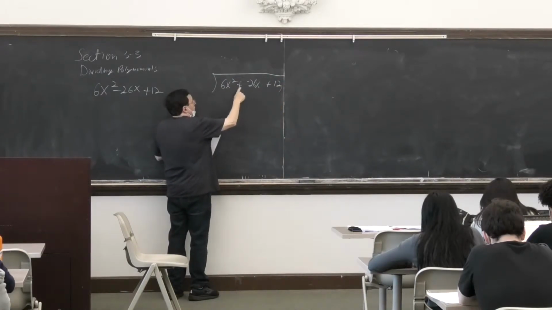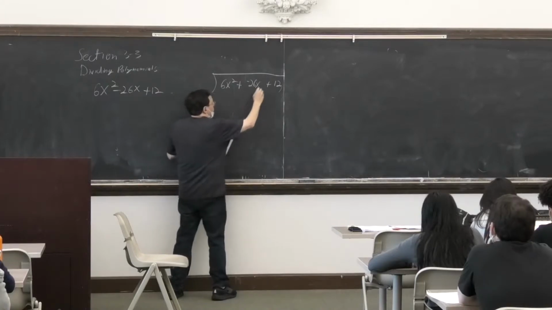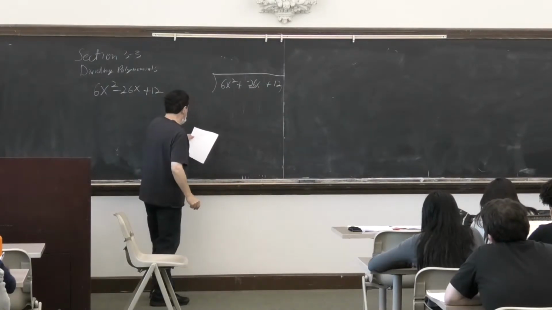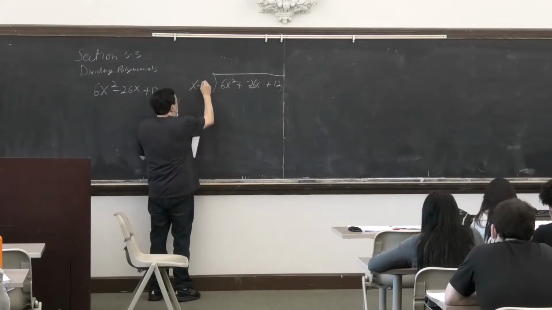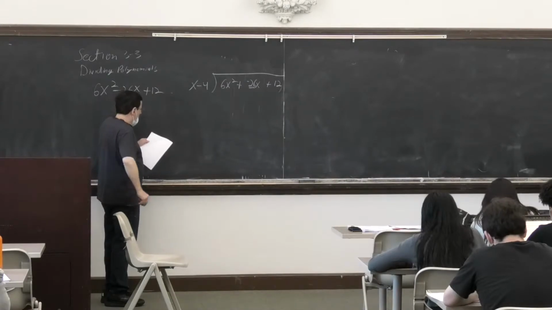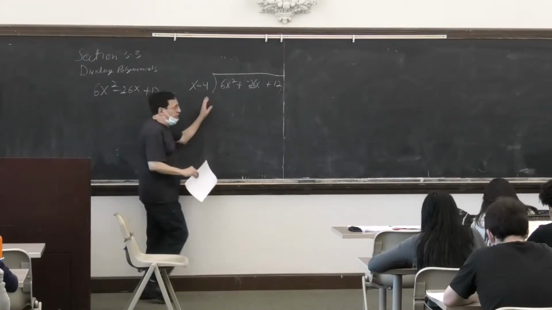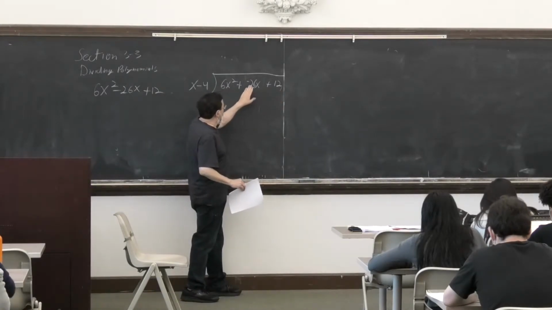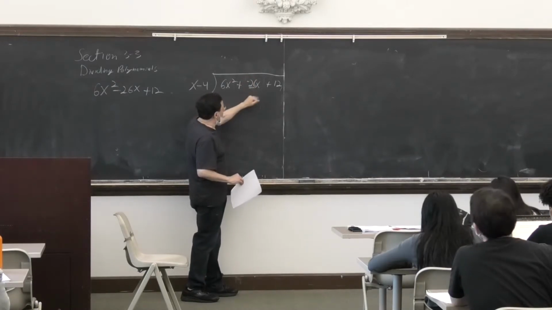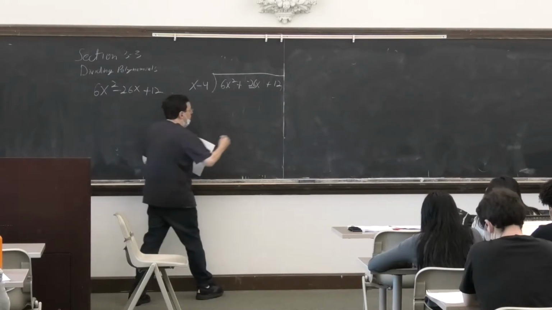Reason being, we're going to be dealing with columns here, and we want to be clear that this is a minus 26. And we're going to divide it by x minus 4. It's also important if one of these terms is missing, there's a 0, you put it in anyway. 0x if necessary, or 0.